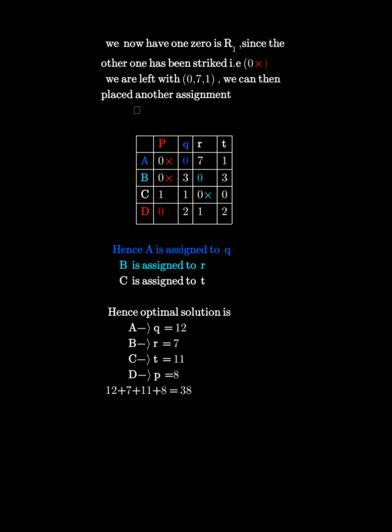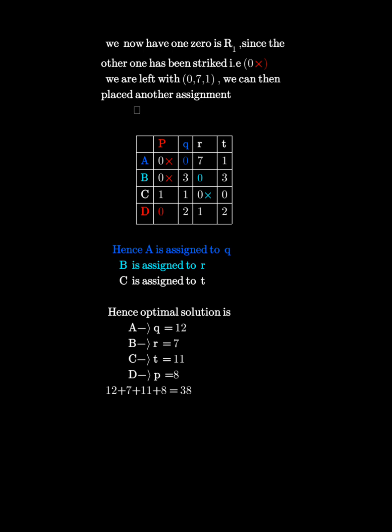The rule says that for any row that you have one 0, you are going to cancel out the corresponding 0 that you have in the column of that row. You see we have one 0 down, so that was why I struck that 0. Then lastly, we move to C. We have just one 0 left there, and we are going to do the assignment. So C is assigned to T.